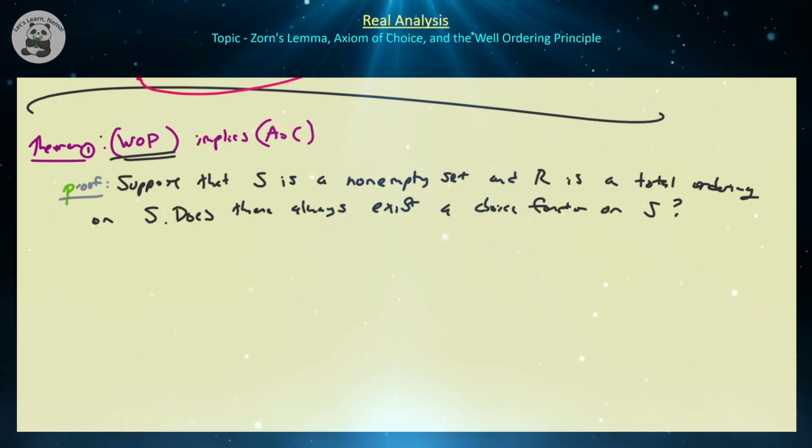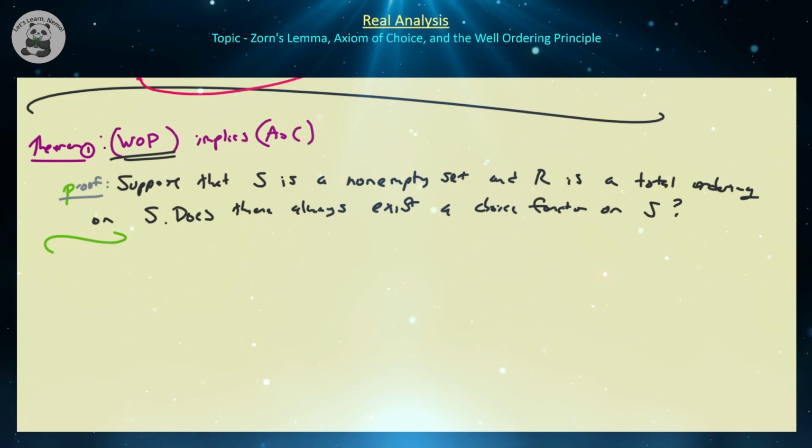So we're assuming that S is a non-empty set and R is a total ordering on S, and we can assume that there exists a total ordering because that's what the well-ordering principle states, generally speaking. So does there always exist a choice function on S, because that's what the axiom of choice states as its conclusion? Well, let's see if it does.